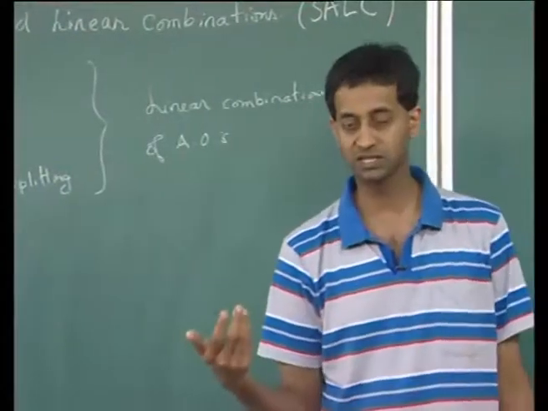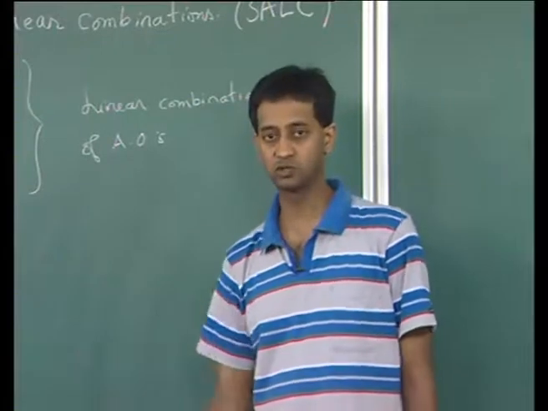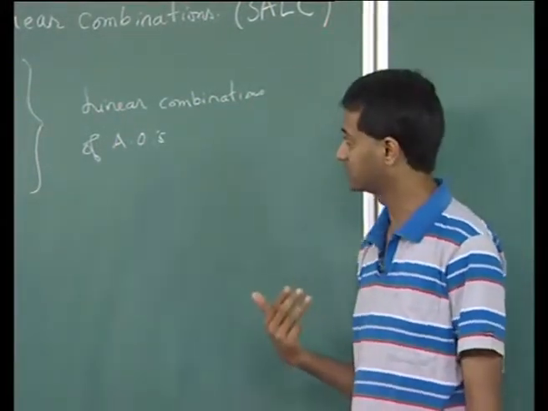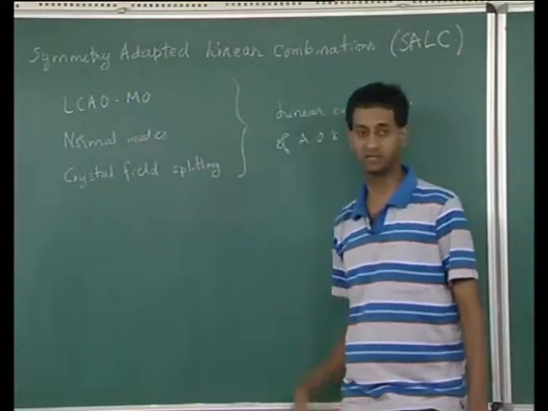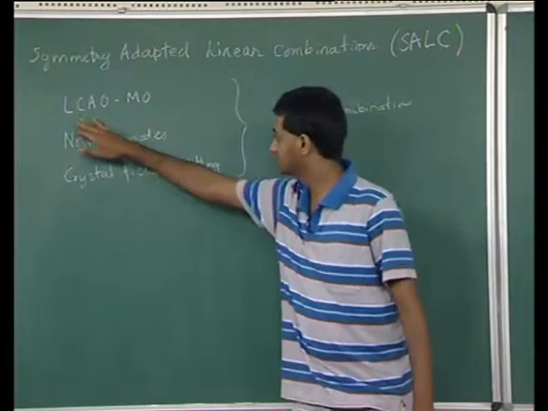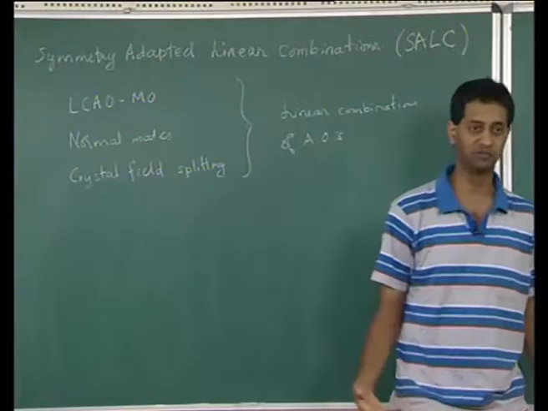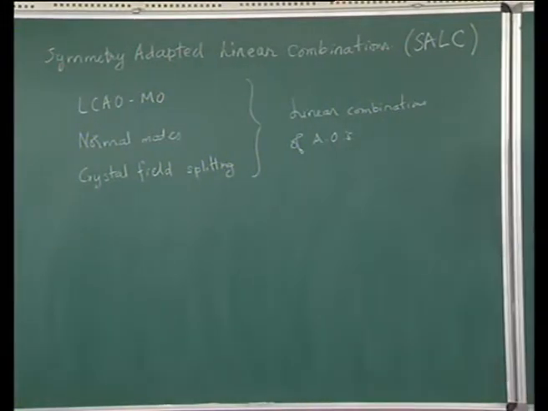Suppose I want a certain molecular orbital, which are the atomic orbitals which I should use to do these linear combinations? And one of the things that we'll use is that the atomic orbitals that are used to make the linear combination should have the appropriate symmetry of the molecule. And we'll see examples of this.